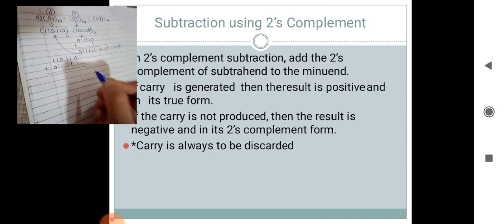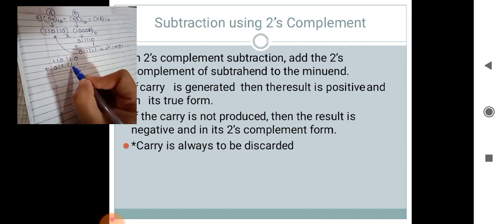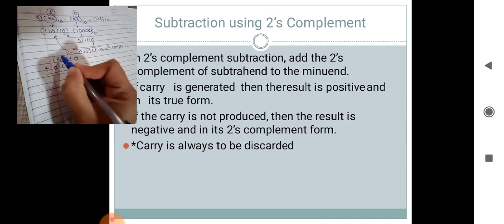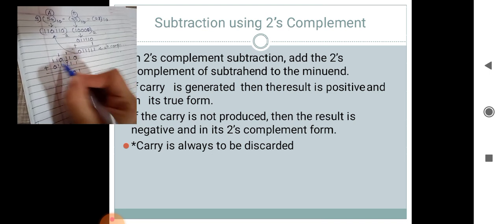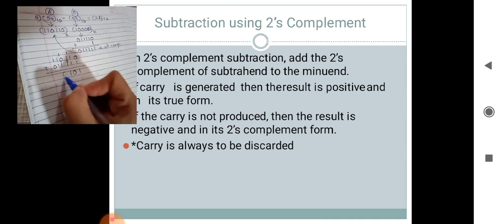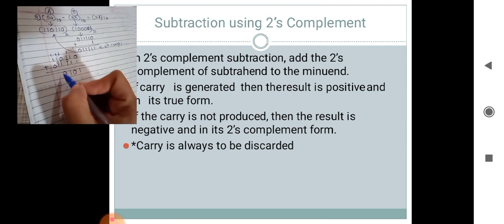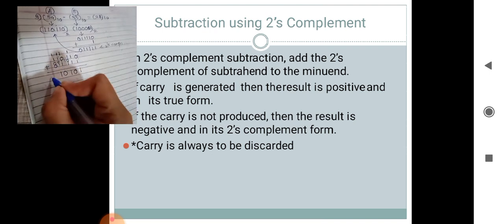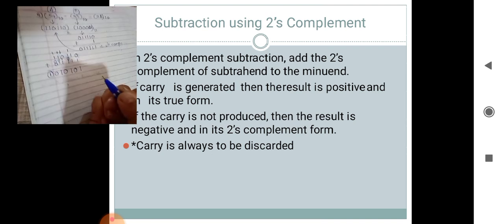So add by applying binary arithmetic rules. 0 plus 1 is 1. 1 plus 1 sum 0 carry 1. 1 plus 1 sum 0 carry 1. 0 plus 1 is 1. 1 plus 0 sum 1 carry 0. 1 plus 1 sum 0 carry 1. 1 plus 1 sum 0 carry 1. 0 plus 1 is 1. 1 plus 1 sum 0 carry 1. 0 plus 0 is 0. That means carry is generated.